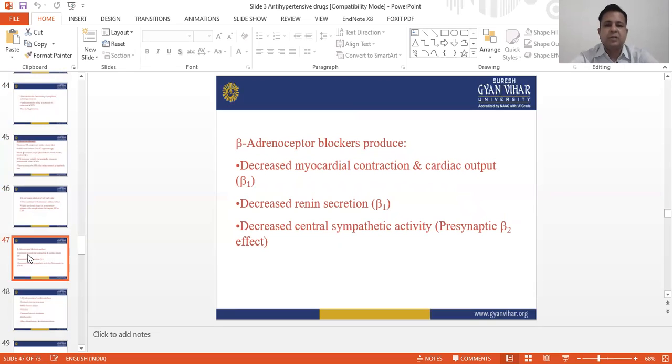Beta adrenergic blocker produces decreased myocardial contraction and cardiac output by blocking beta 1 receptor, decreased renin secretion by blocking beta 1 receptors, and decreased central sympathetic activity by blocking presynaptic beta 2 receptors.